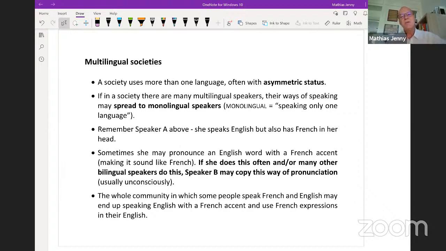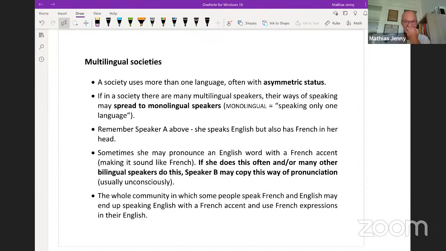So if in France, some people also speak non-French languages, they will usually speak French in all contexts because French is high prestige, and the local language they also speak will be low prestige, will have less importance in the society.